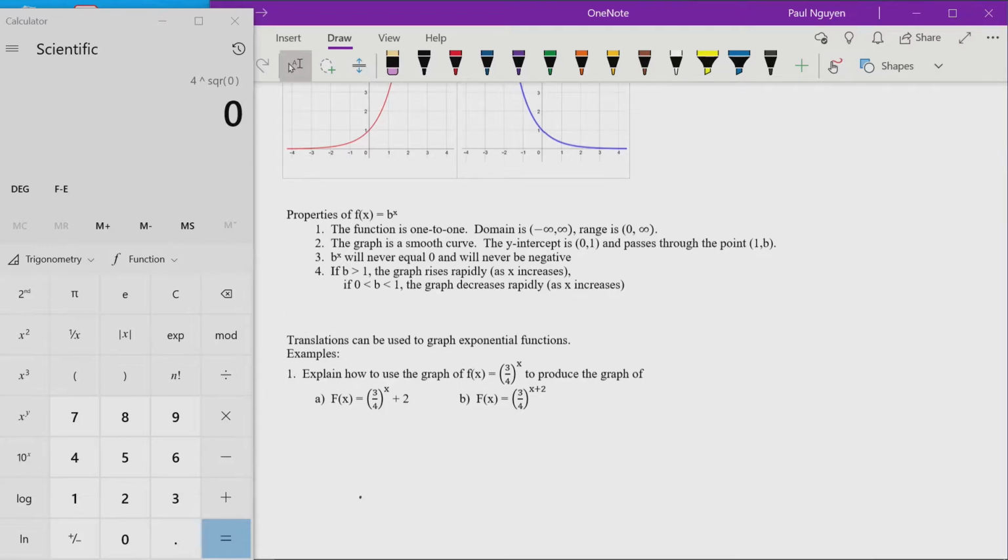Translations can also be used to graph exponential functions. Let's explain how to use the graph of 3/4 to the x to produce the graph of 3/4 to the x plus 2 and 3/4 to the x plus 2. For 3/4 to the x plus 2, you shift 3/4 to the x up 2.